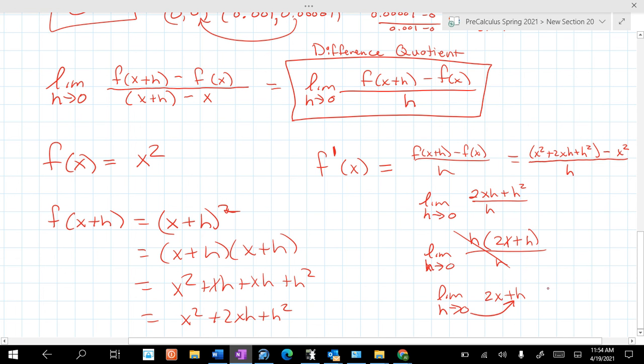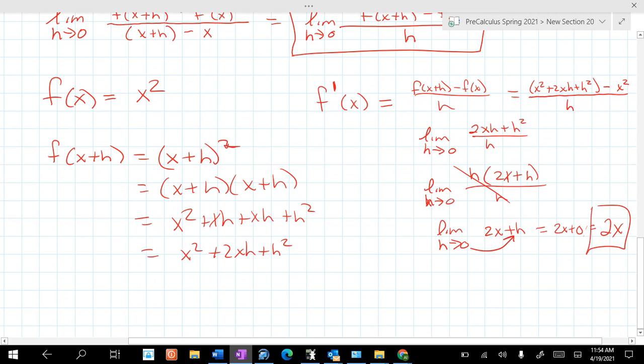So if I stick a 0 in there, I get 2x plus 0, which is 2x. So we say the first derivative of x is equal to 2x. The original problem, f of x, was equal to x squared. So its first derivative is 2x.